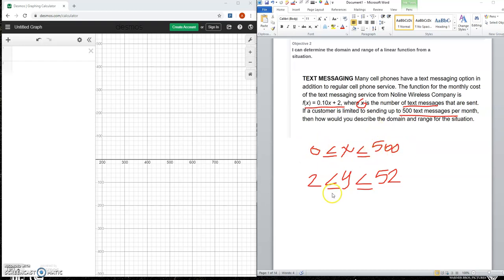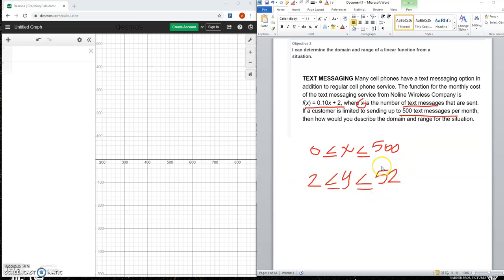So let's take a look at your range and let me explain how I got that range. If you don't text and you plug in 0 here, 0 times 10 cents is going to be 0, plus 2, and that will be your membership fee or your monthly additional service fee.